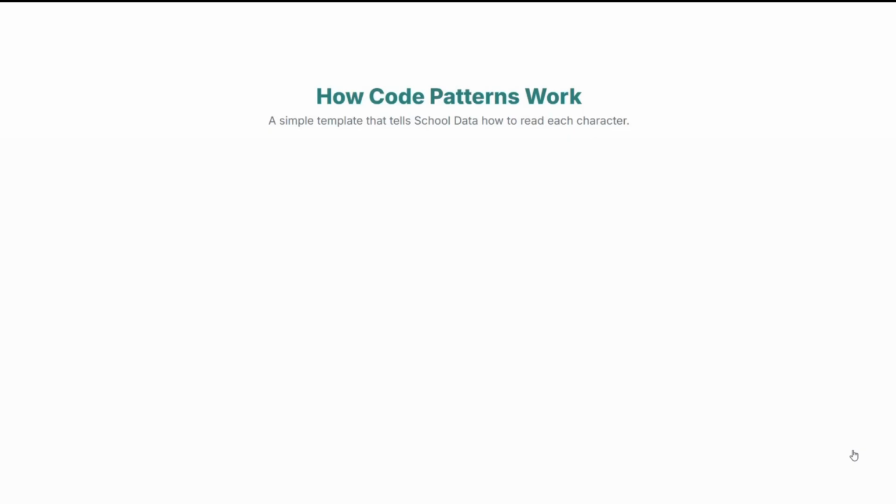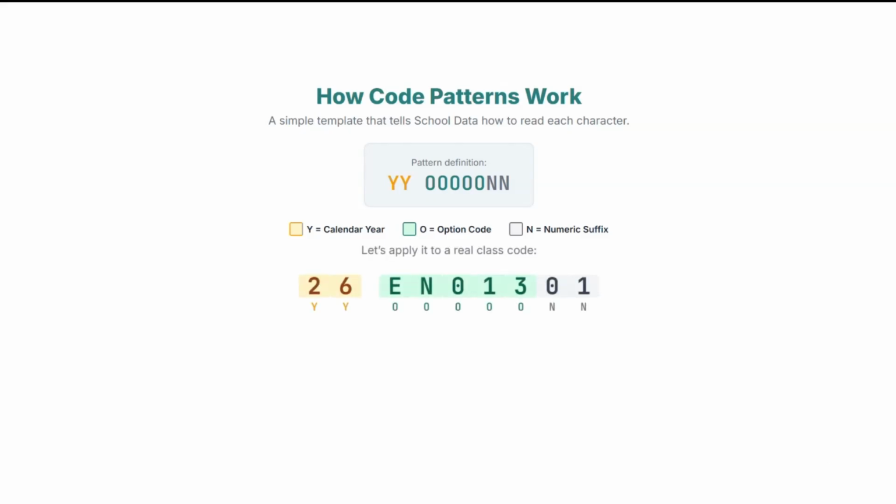A code pattern is a simple template that tells school data how to read each character in a class code. Here is the pattern YY space OOOONN. Y means calendar year, O means the option code, that's the subject code we actually want to extract, and N is the numeric suffix. Let's apply it.